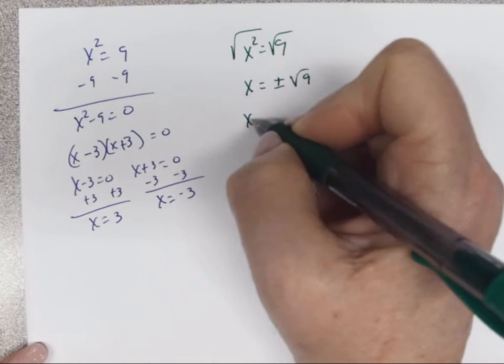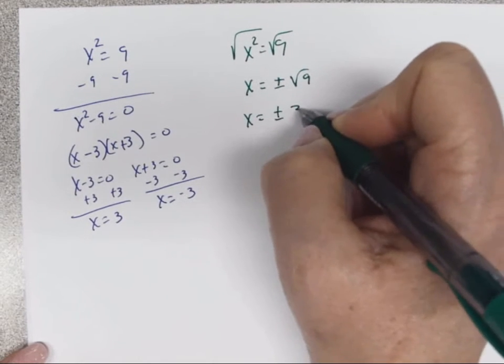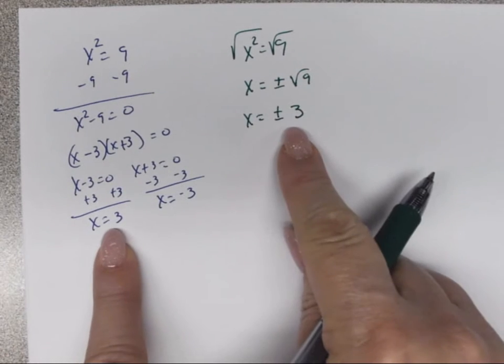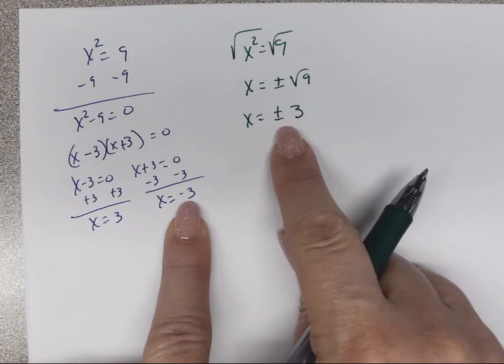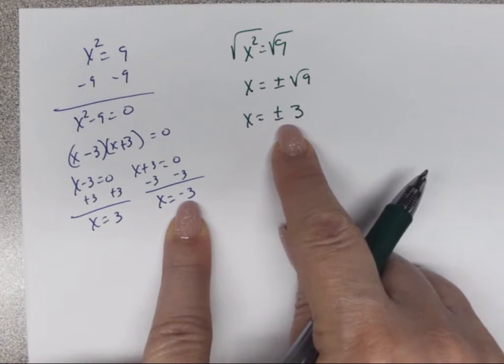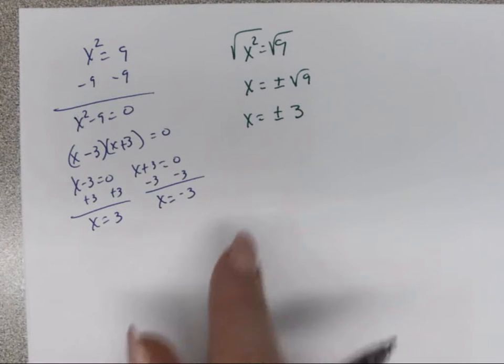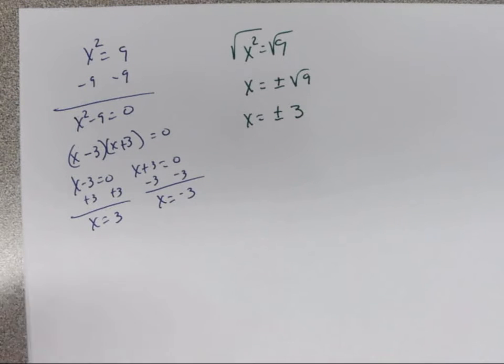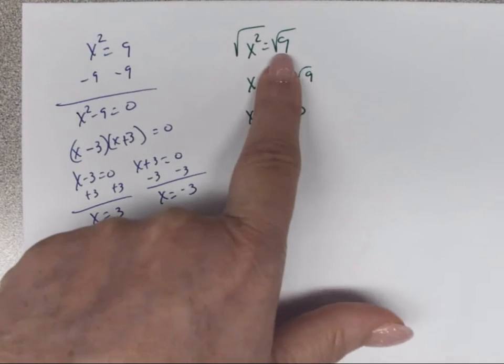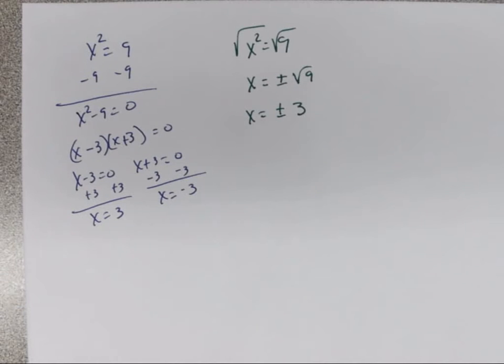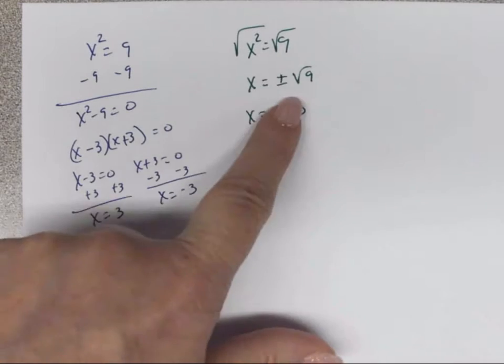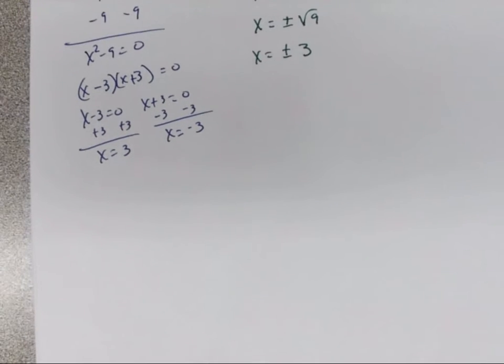Square root of 9 is 3, so I get plus or minus 3. I get the same answers. It's a little less work, but understand, those are the same answers, so you could do it either way. This was easier because it's a perfect square.